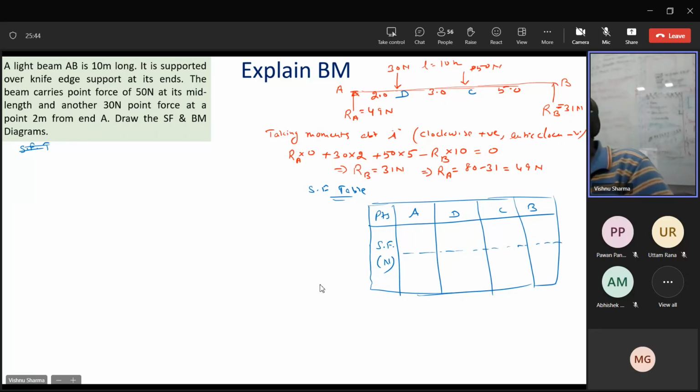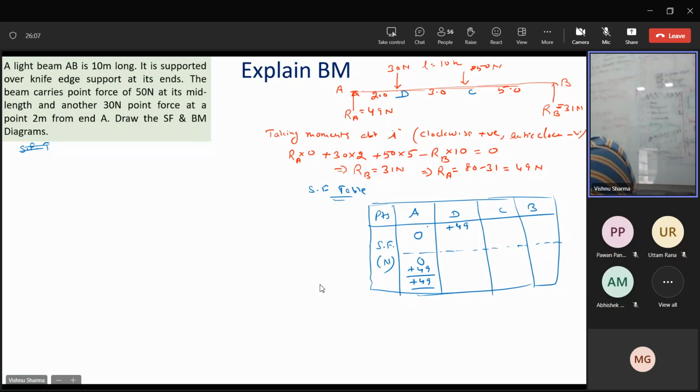Now I'm telling myself and my eye goes to the diagram and then I keep filling up. To the left of A, the shearing force is 0. I carry forward 0. Change from left of A to right of A is plus 49, so it becomes plus 49. I carry forward plus 49. Is there a change from right of A to left of D?